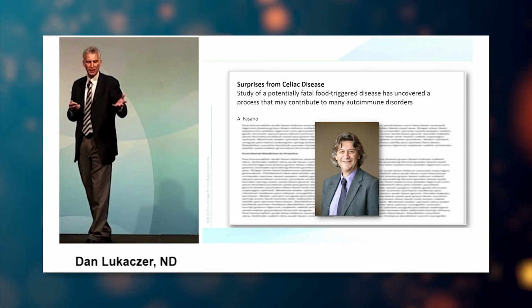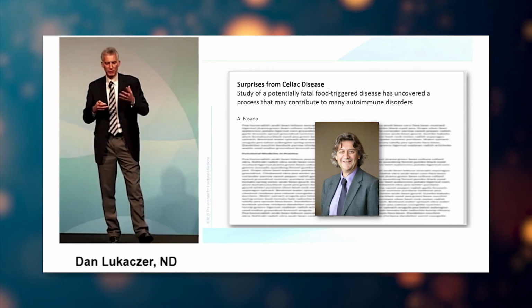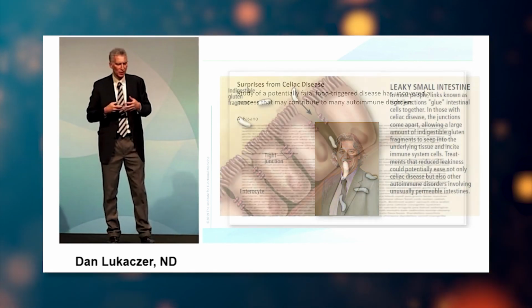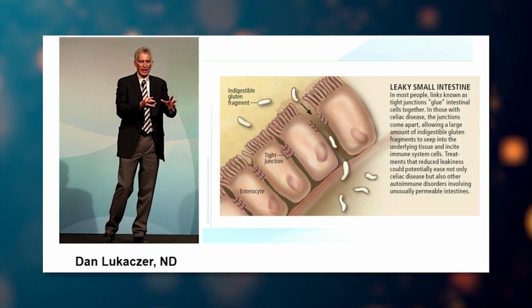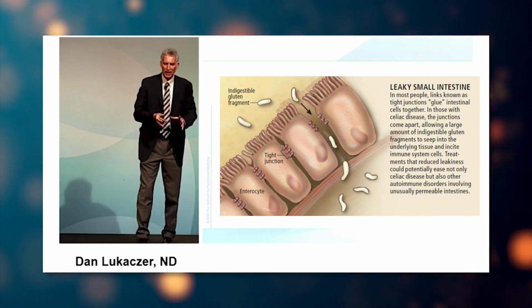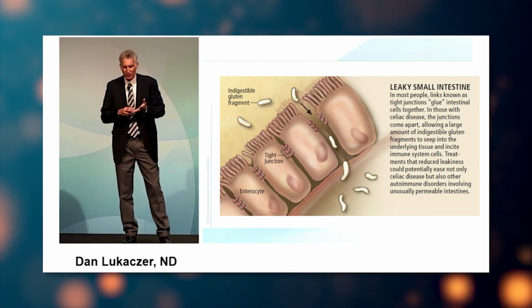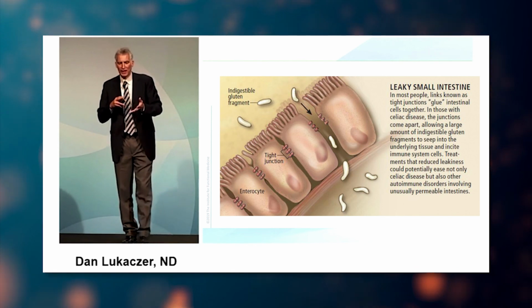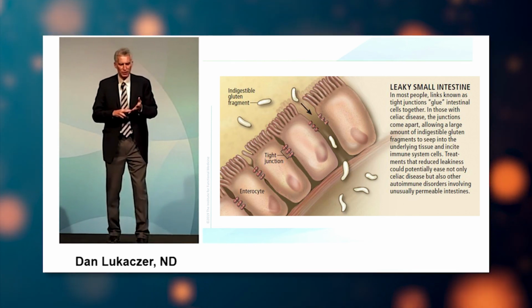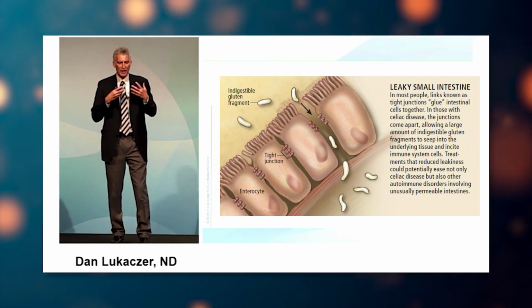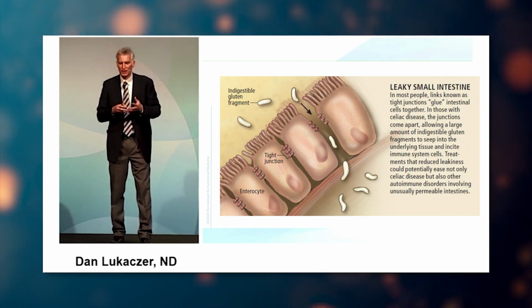Dr. O'Brien touched upon Dr. Fasano's work, and he wrote this seminal paper 10 years ago that Tom talked about. Tom showed this slide. The takeaway is that intestinal permeability, a leaky gut, is a necessary precursor for celiac disease, and he postulated for autoimmune disease in general.